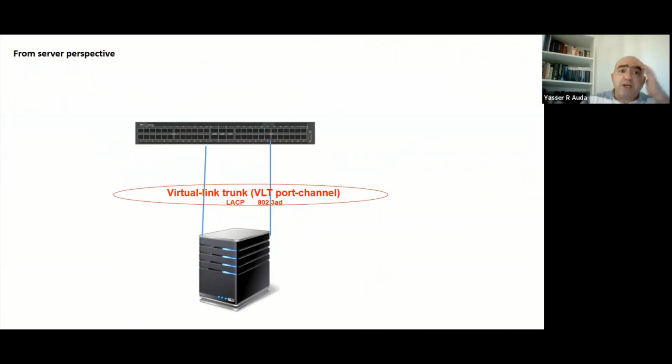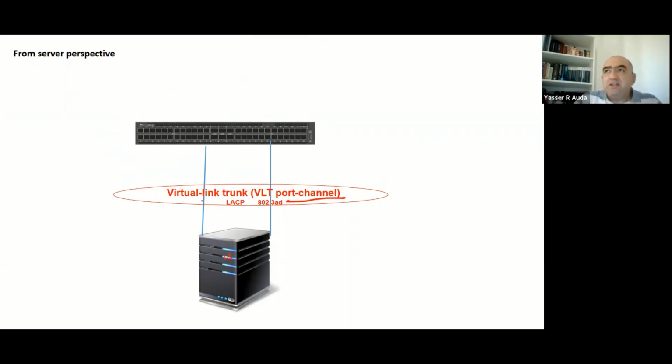From that perspective, from the server's perspective, or from any device's perspective here, it is like being connected to one switch with two virtual interfaces acting as a port channel, or VLT port channel. For this device, it is just a port channel.